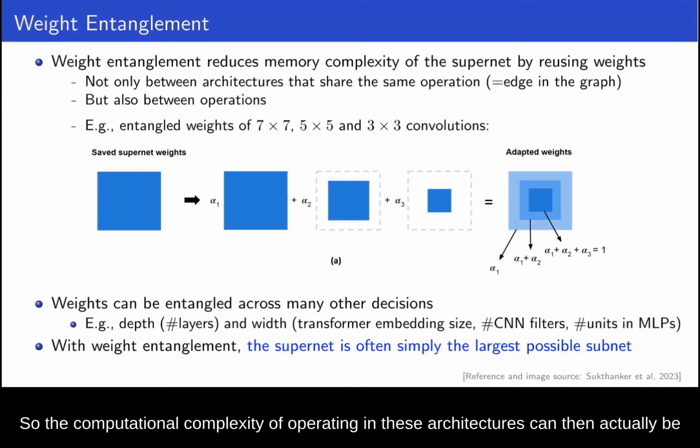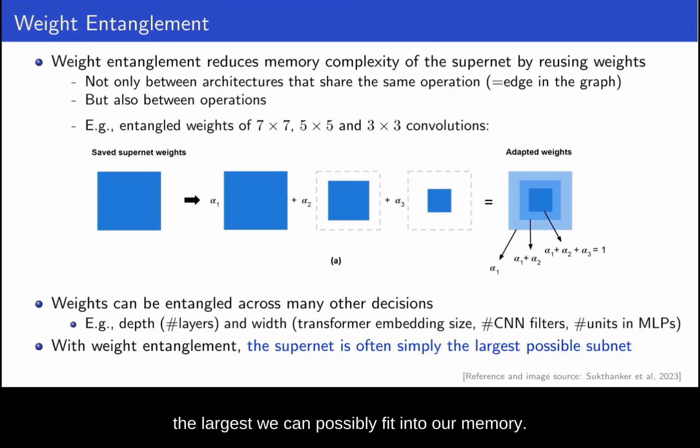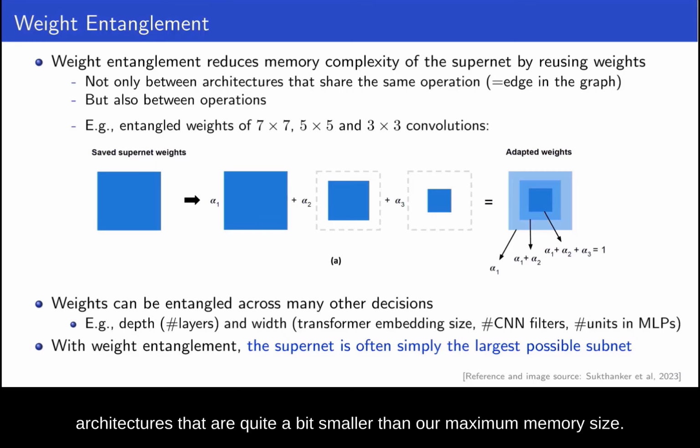So the computational complexity of operating in these architectures can be relatively small, and we really have a chance of finding architectures that are the largest we can possibly fit into our memory. We can directly find these with neural architecture search, where previously we could only find architectures that are quite a bit smaller than our maximum memory size.